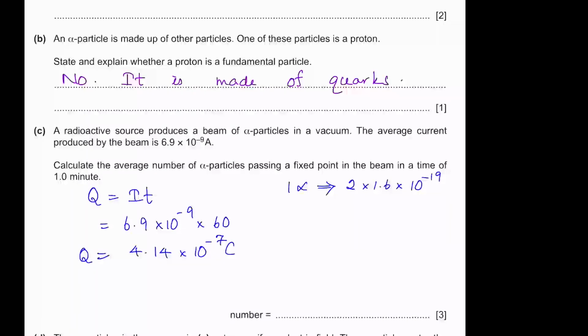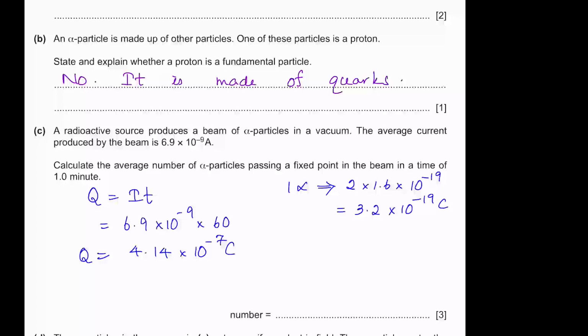Proton and electron have the same charge; the difference is that the electron is negative and the proton is positive. So the charge of an alpha particle is 3.2 × 10^-19 coulombs.